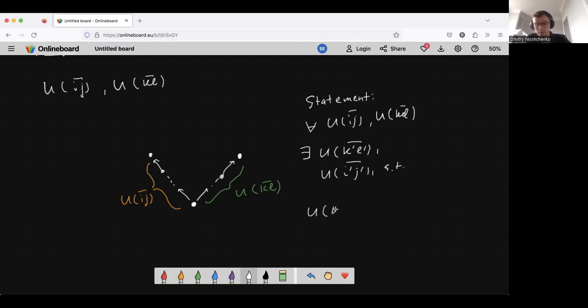such that UKL K prime L prime combined with Uij equals U I prime J prime combined with UKL. We call all such a pair of sequences a connecting sequence or a connector.